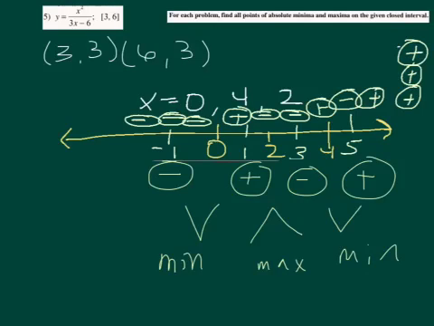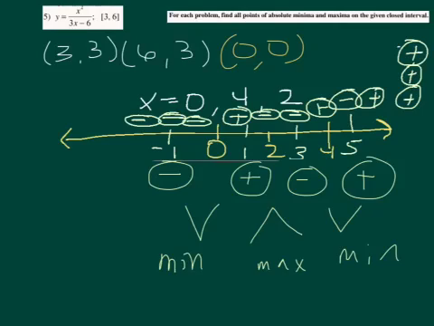So the next thing we do is plug it in. So since 0 would be considered a minimum, plug it in and it would be 0 over -6, so it'd be 0, 0. And then plug in 2 next. So it'd be 4 divided by 0, which is undefined.